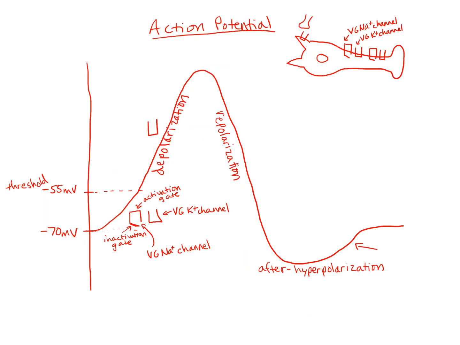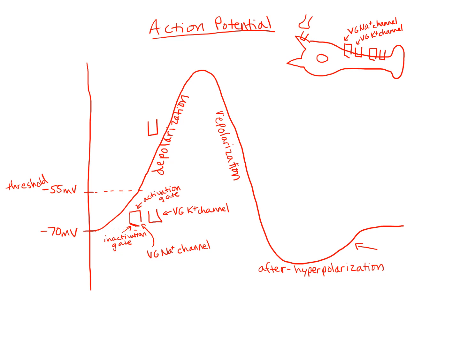We're going to draw out what happens in an action potential. So we'll start down here at the resting membrane potential of minus 70 millivolts. And if we take a look at our voltage-gated sodium and voltage-gated potassium channels, the voltage-gated sodium channel has 2 gates on it. The gate on the top is closed.